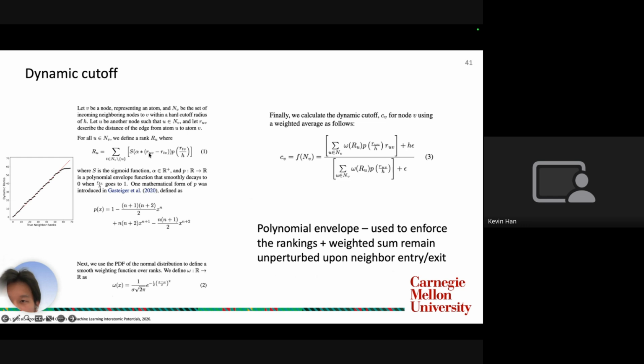But if these R_UV and R_TV, so these competing atoms, are equidistant or very, very close, this sigmoid would be pushed, in a smooth manner, to 0. And so we would not have any ranking contribution from this competing neighbor, and this all happens in a smooth manner because of the formulation of the sigmoid.